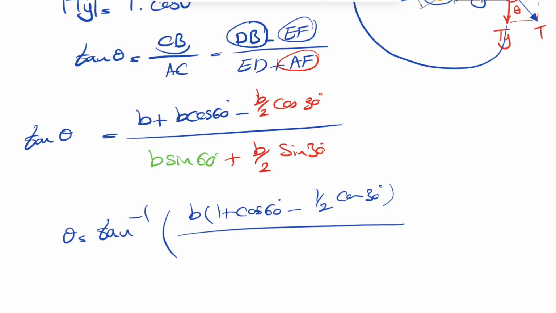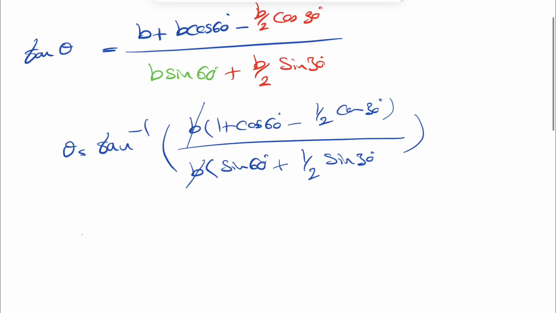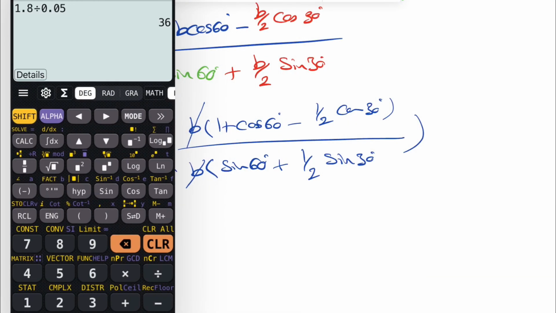We can also do the same in the denominator: sine of 60 plus 1/2 of sine of 30. The B will be cancelled out, and all we need to do is figure out this value to find our theta.